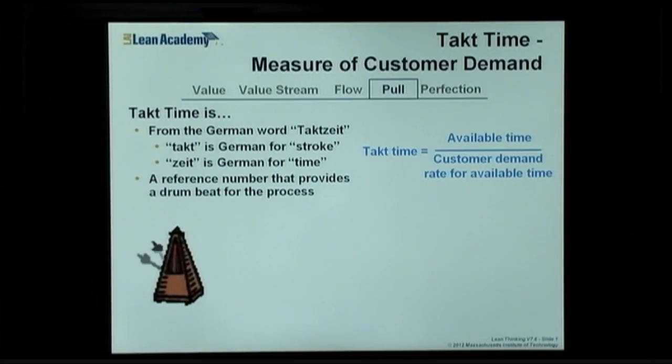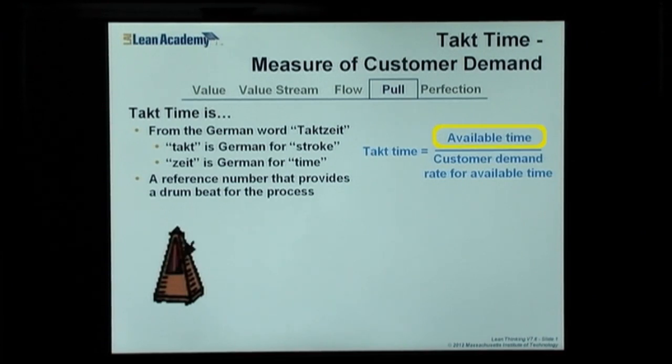And that's a really simple calculation, actually, and one that's very much worth doing, even in processes that are less predictable than production. Things like engineering and hospital processes, this is actually very useful to do, which is to just think about what's your available time, a day, a week, a year, whatever it is, and what is the customer demand during that time.